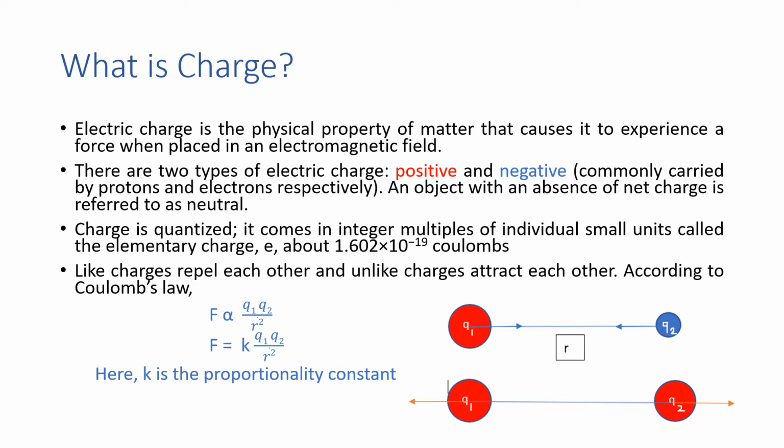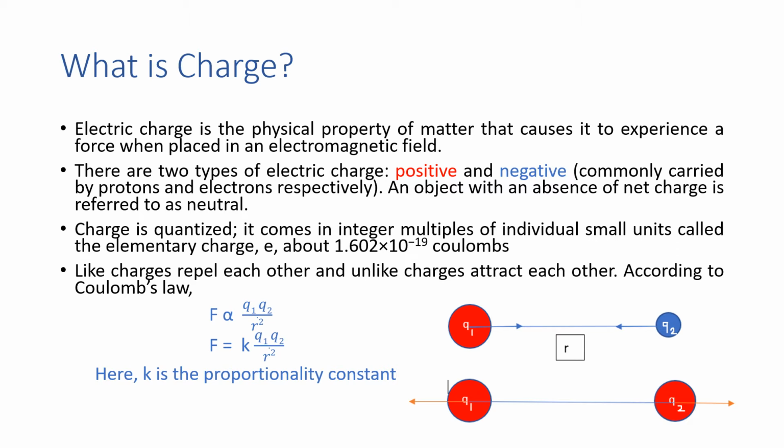A very important concept here is that charge is quantized, so it comes in integer multiples of an individual unit called the elementary charge of an electron, which is just 1.6 times 10 to the power minus 19 coulombs, which is very small. So if we have 10 to the power 19 electrons, their charges will combine into 1.6 coulombs. So it's a very small number.